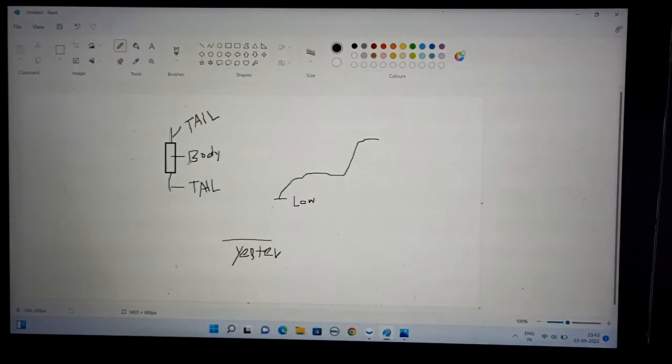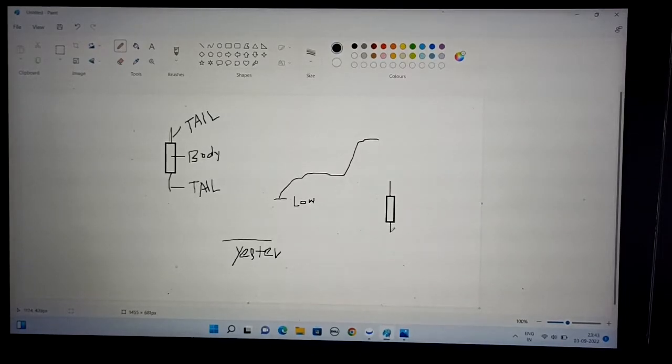If it is a green candle, suppose I am going to draw a candle. Suppose I have taken a rectangle. This is the rectangle, and suppose this is the tail.